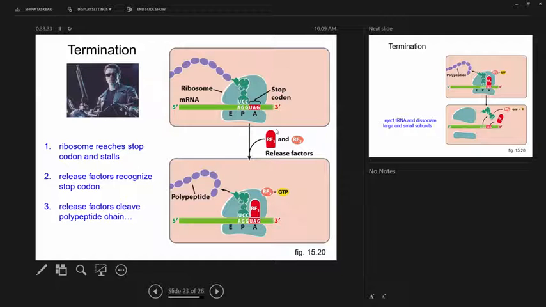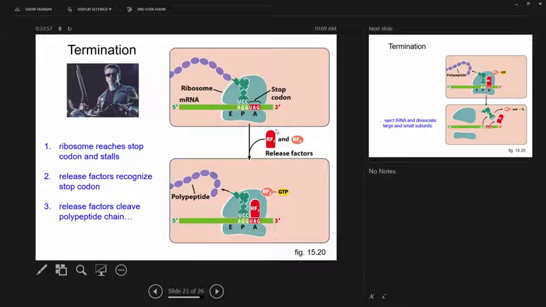When this happens, the ribosome stalls. It stops there. The reason is pretty simple. Because there's no amino acid coded for by a stop codon, there's no transfer RNA that's going to be able to come in with that amino acid on it. So the ribosome just stops there.